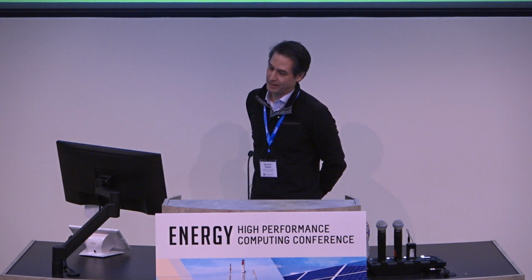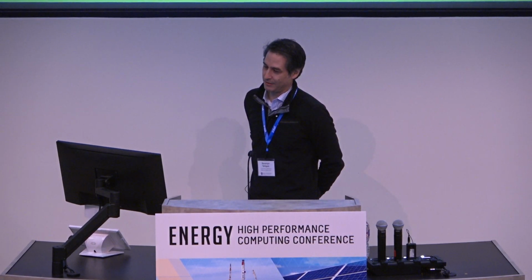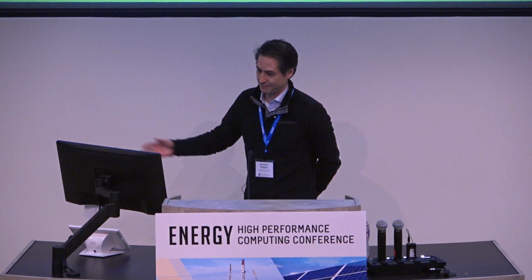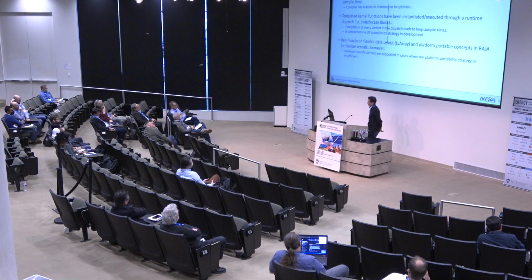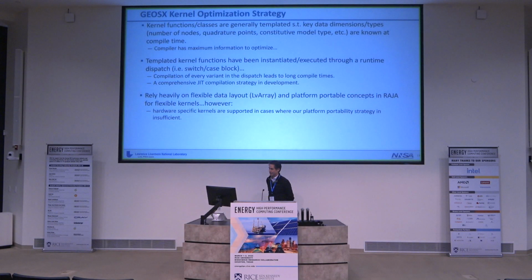We have a comprehensive JIT strategy in development, which is going to give us more scalability in terms of compile times. It's not terribly prohibitive. To compile on our V100 machines, a couple of the physics solvers take maybe 3 or 4 minutes.